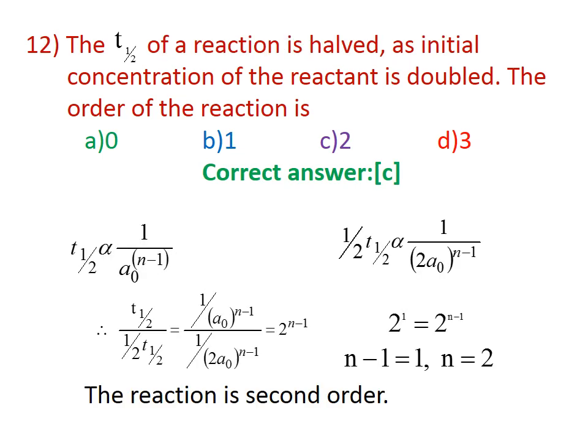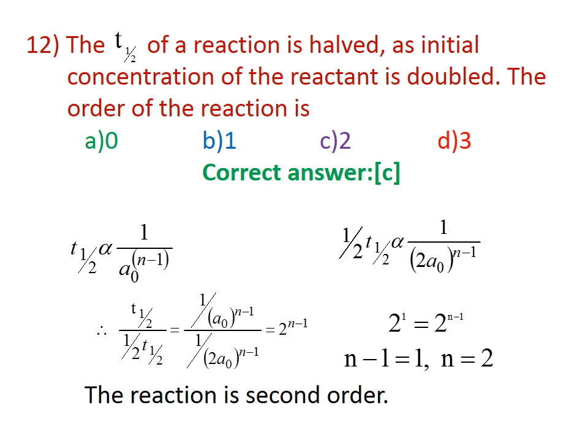The T half of a reaction is halved as the initial concentration of the reactant is doubled. The order of the reaction is? You know very well, the T half is directly proportional to 1 by A0 whole power n minus 1, and here T half is reduced to half of T half, that will be equal to 1 by A0 of n minus 1 divided by 1 by 2 A0 of n minus 1, which will be equal to 2 power n minus 1.